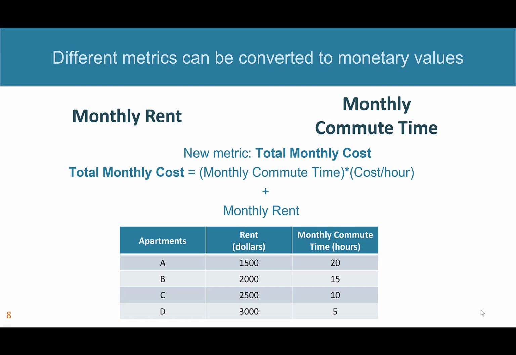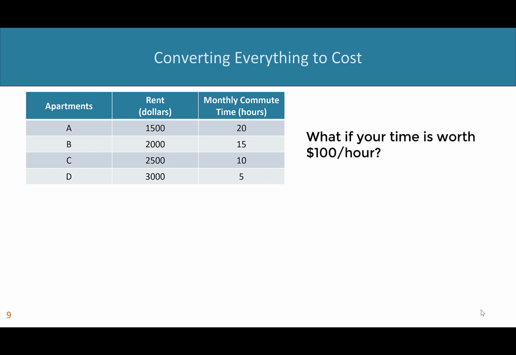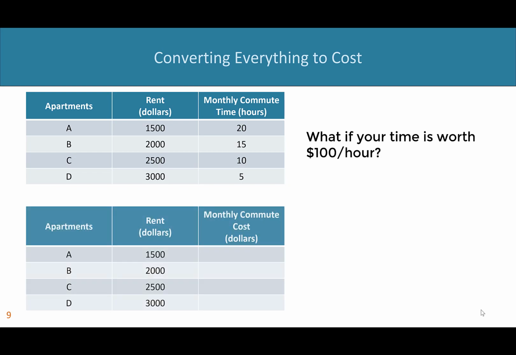Let's go through and see what this might look like for a particular example of how much our time is worth during our commuting. So what if our time is worth $100 an hour? We come down to this table below, and the only change here is that monthly commute time in hours has been replaced with monthly commute cost in dollars.